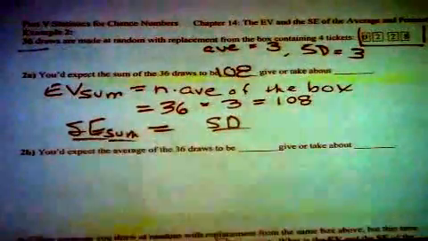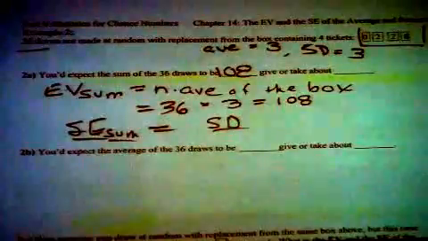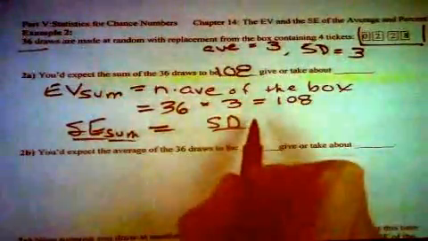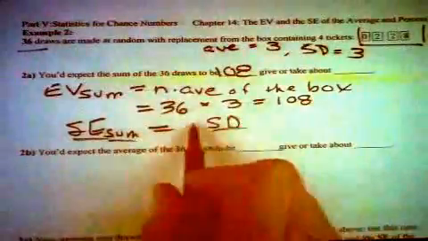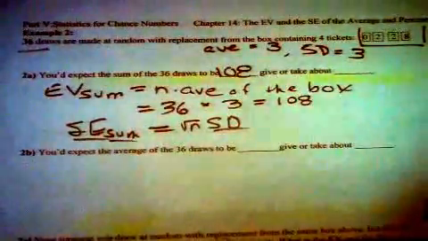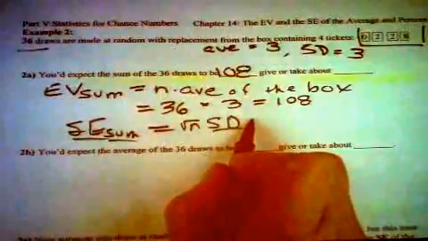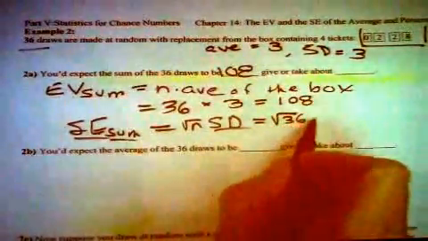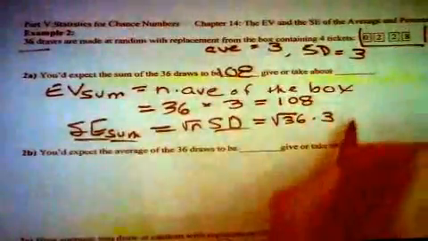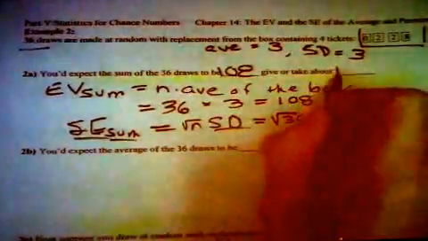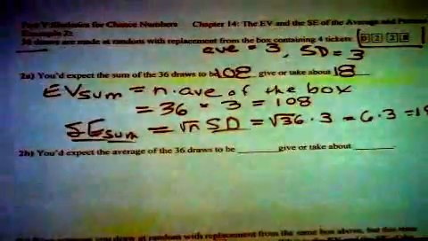It's for the sum. Sum grows, so what do you think? Multiply. It doesn't make any difference which side you write it on. I'm just used to writing it that side. Multiply by the square root of n. So what do we get? Square root of 36 times 3, which is 6 times 3, which is 18. And that's what we put here.